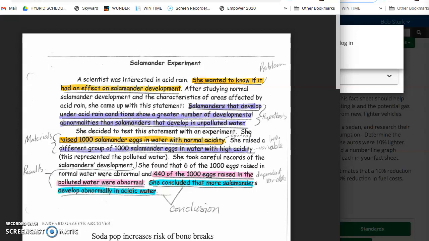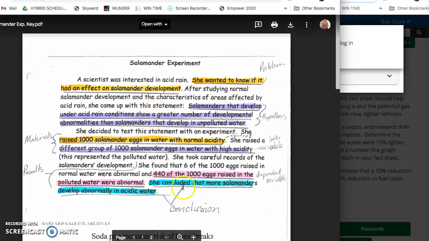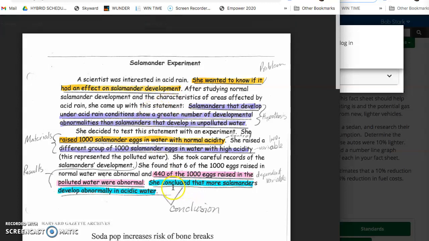So that was her hypothesis. Her experiment and materials were to raise 2 sets of 1,000 salamander eggs, one in normal water and one in high acidity water or polluted water. Her conclusion was that the salamanders that developed in the acid water had more abnormalities.